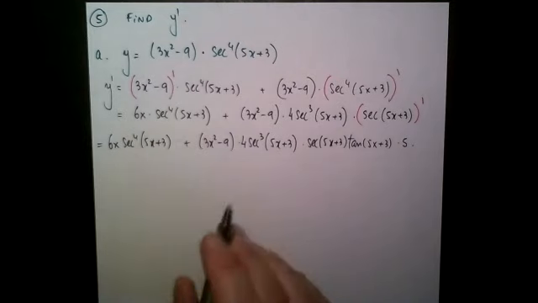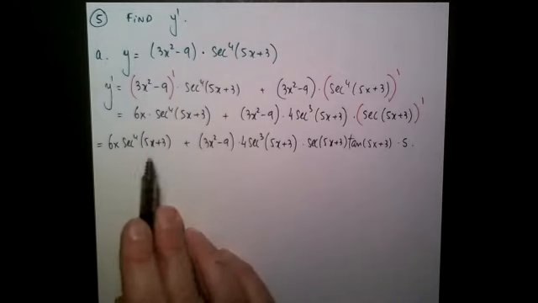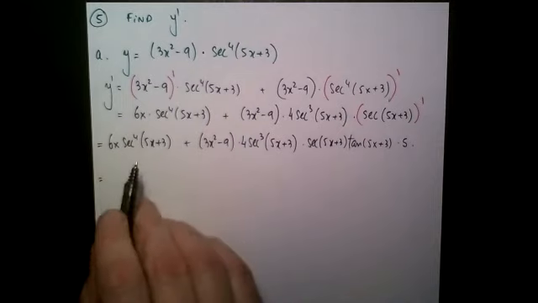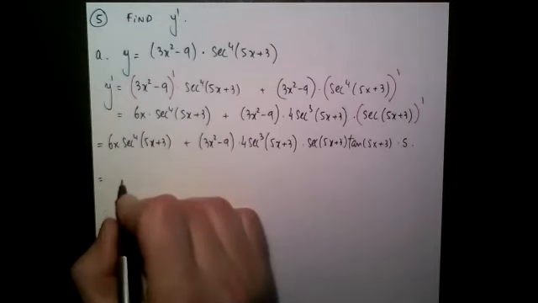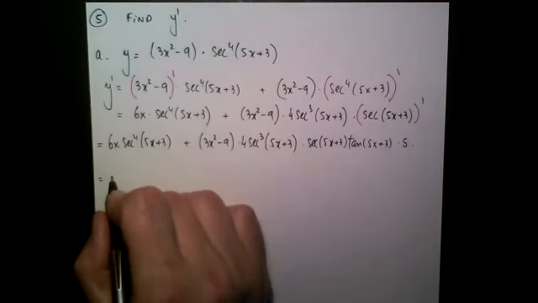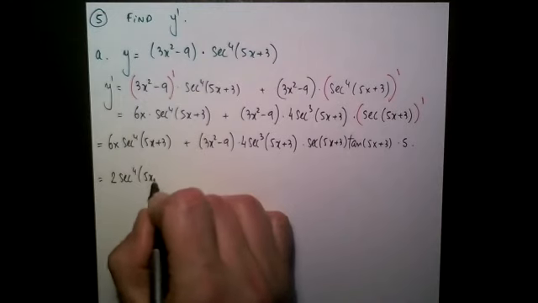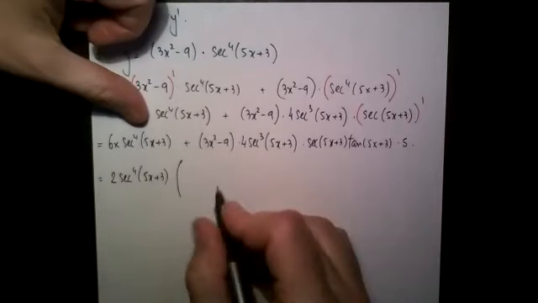So the only thing I could do here, I could factor out because I have a secant⁴ and a secant⁴, so might as well pull them out. Even a 2, I could pull a 2 here and a 2 here. So I'll pull out 2 secant⁴ of (5x plus 3) times, so what's left here?